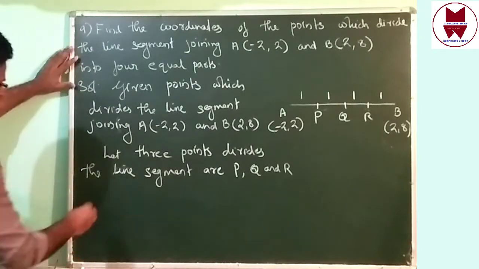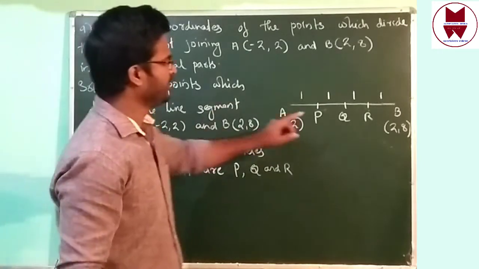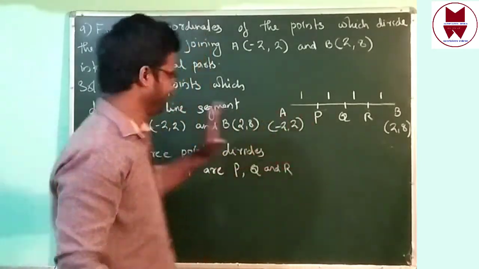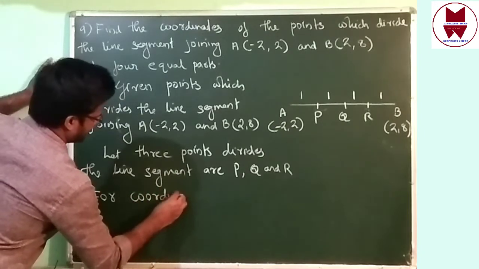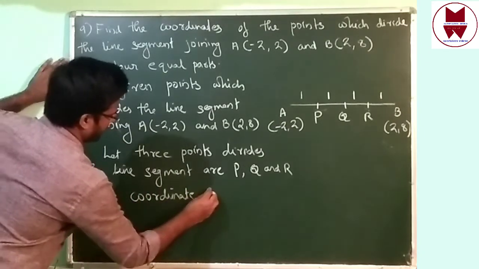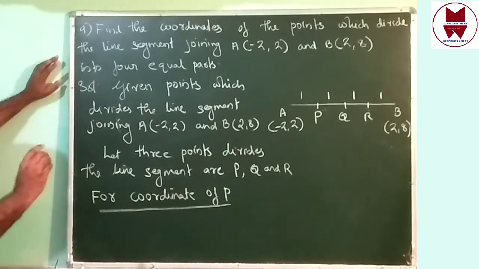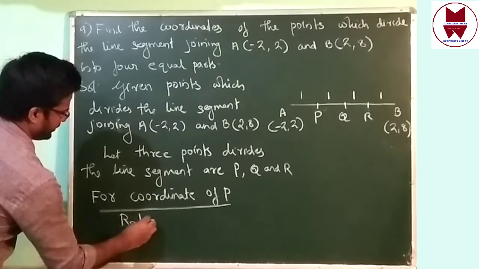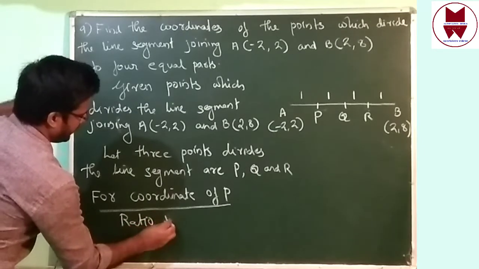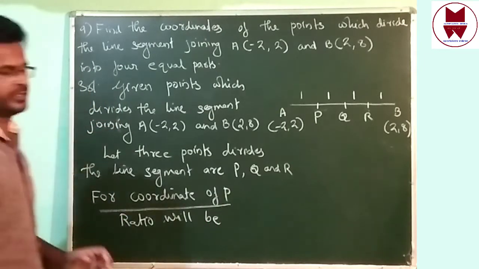Now, first we can find out the coordinate of P. For coordinate of P, first we need a ratio, isn't it? What is the ratio?